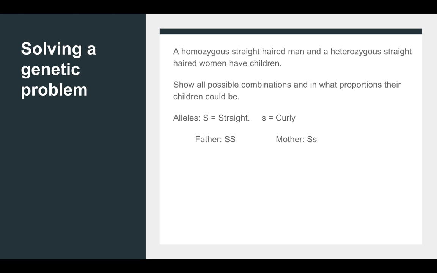And it's totally random which one of those two alleles are passed on. If the father in his sperm cell passes on a capital S, which he must, then that allele is in that particular sperm cell. The other S will always be in another sperm cell.